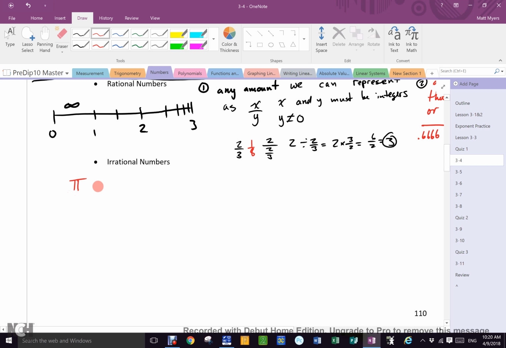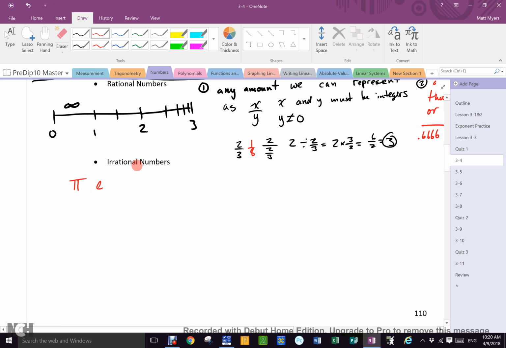There's another one which is this, e. e is another irrational number. It's used in finance. It's like 2.71828 on forever and ever. It's used for interest rates. It's also used in biology for bacteria cultures growing and things like that. But there's others.